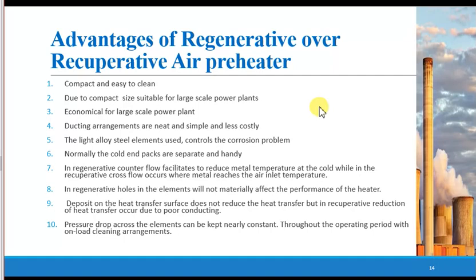So in large scale power plants, mostly regenerative air preheaters are used. The other advantages of regenerative over recuperative air preheaters are here. You can see it here.